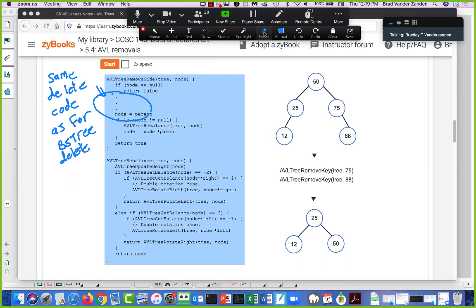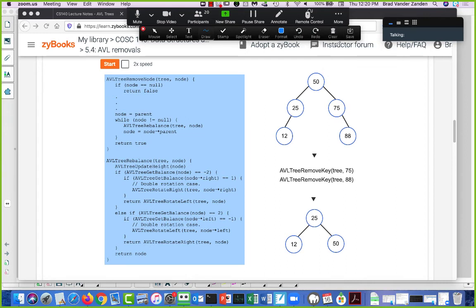So we get to the end, and what we want to do here is that we had saved the parent.